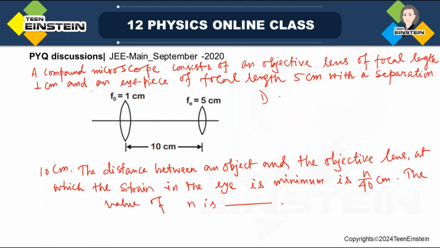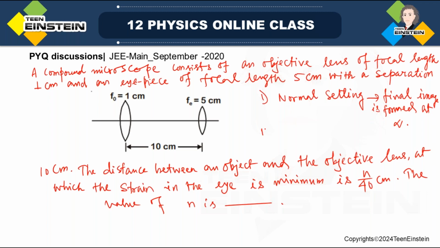One setting is called normal setting, that means the final image is formed at infinity.